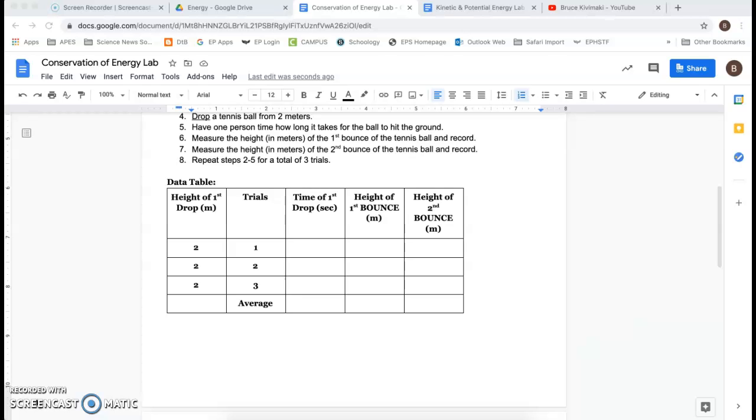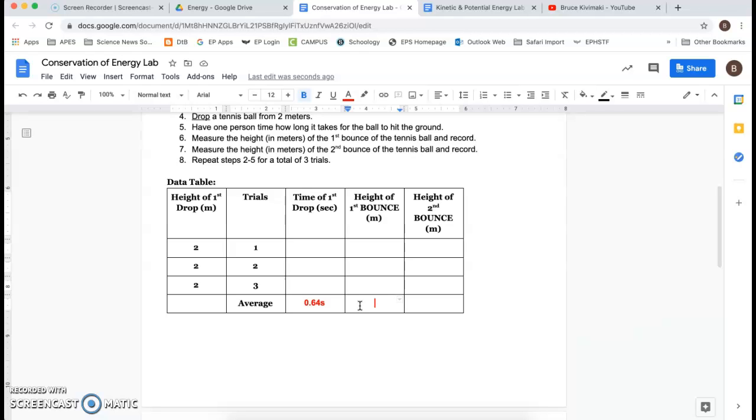All right, you determined in your groups that the amount of time that it takes to drop is 0.64 seconds. You use the equation time is the square root of 2d divided by g. And then here is our first bounce height.